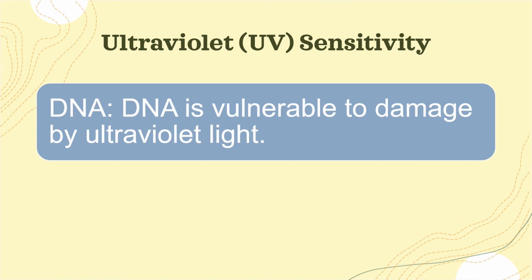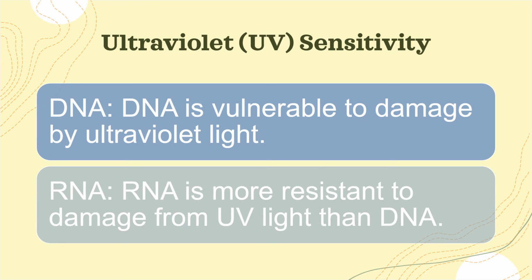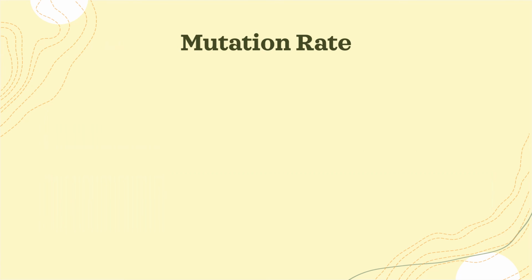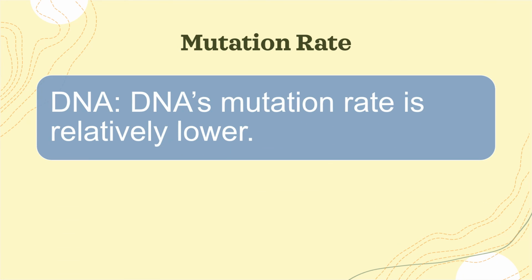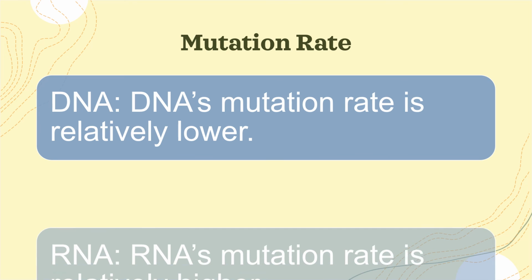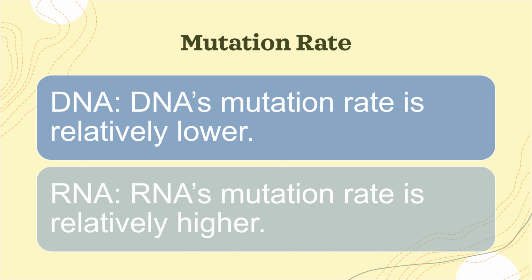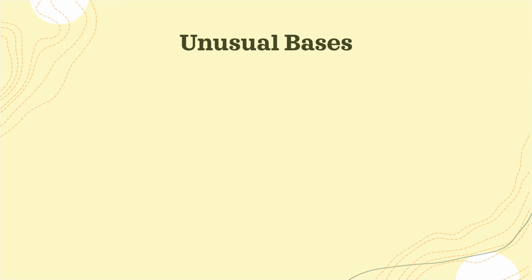Ultraviolet sensitivity. DNA is vulnerable to damage by UV light, while RNA is more resistant to damage from UV light than DNA. Mutation rate. DNA's mutation rate is relatively lower, while RNA's mutation rate is relatively high. Unusual bases.